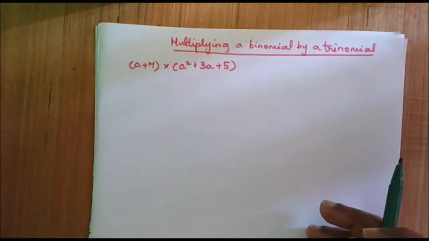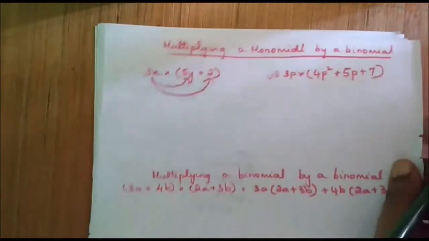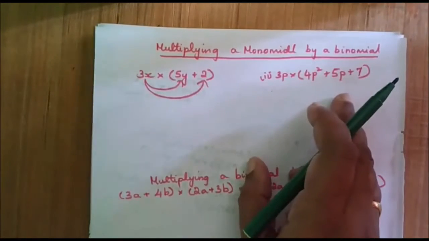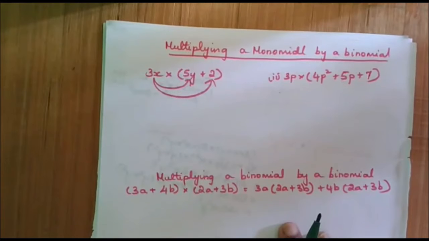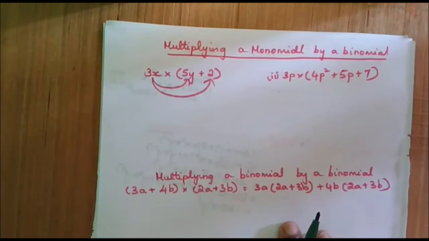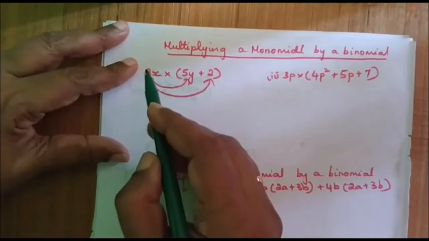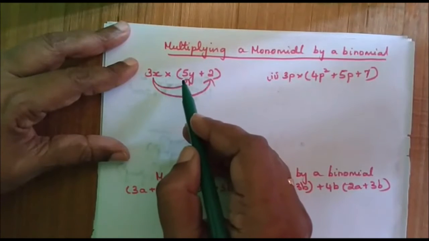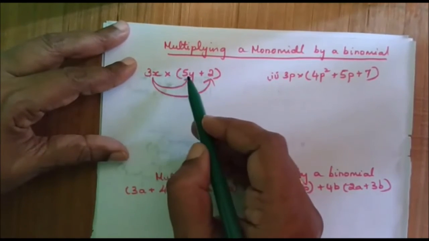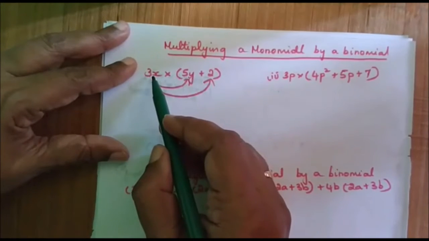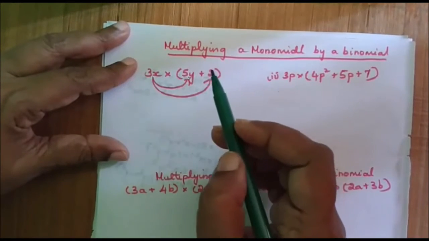Now we will go to the next topic, that is multiplying a monomial by a binomial. Now what is a binomial? A binomial contains two terms. So now we will see this example, 3x into 5y plus 2. First I will multiply my 3x with 5y, then I will multiply my 3x with 2.